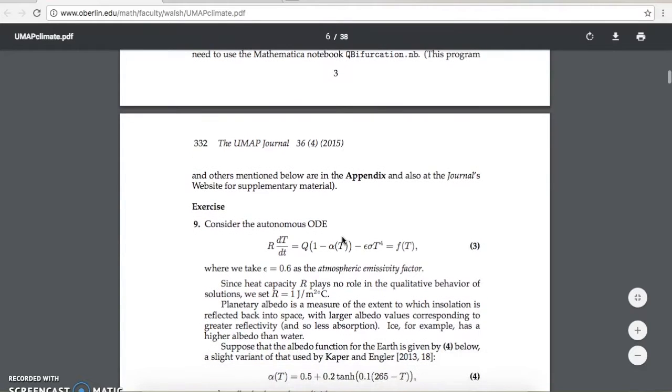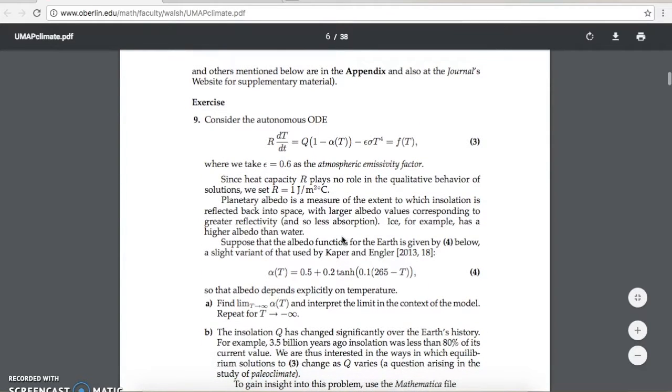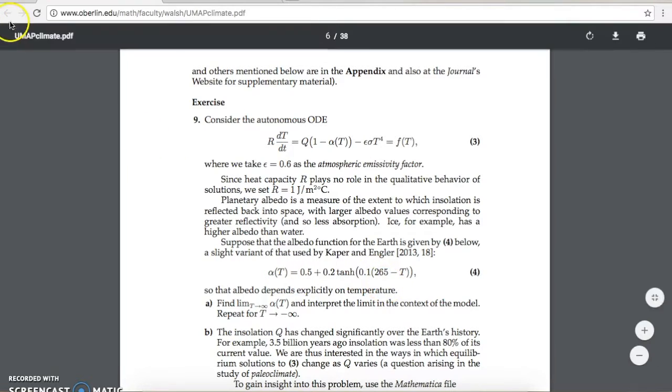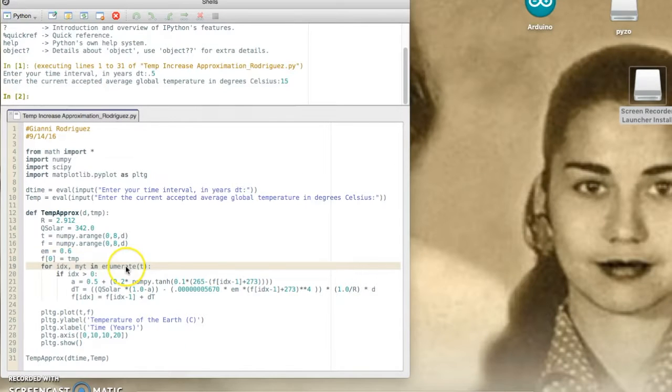So continuing on, I mentioned that Walsh uses a temperature-dependent albedo function that I actually wanted to include in my basic climate model because it makes it a little bit more complex. This equation shows that as the temperatures increase, the reflectivity will decrease. And I've included that equation right here in my loop.